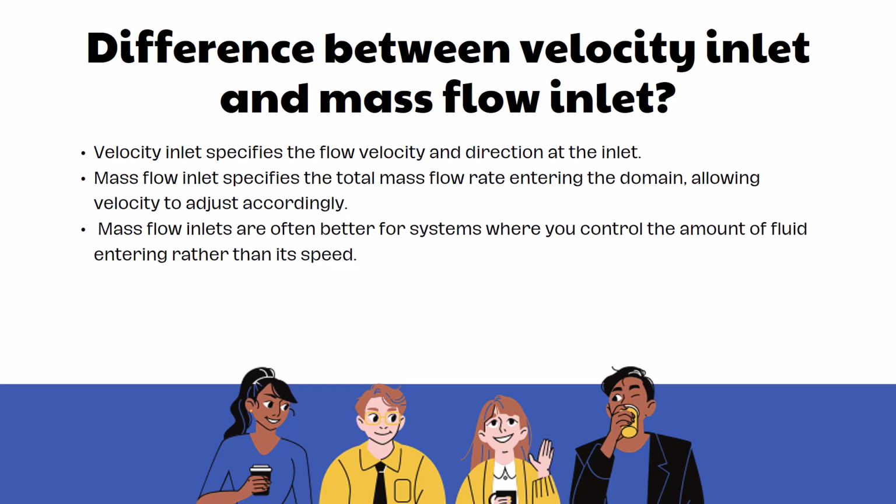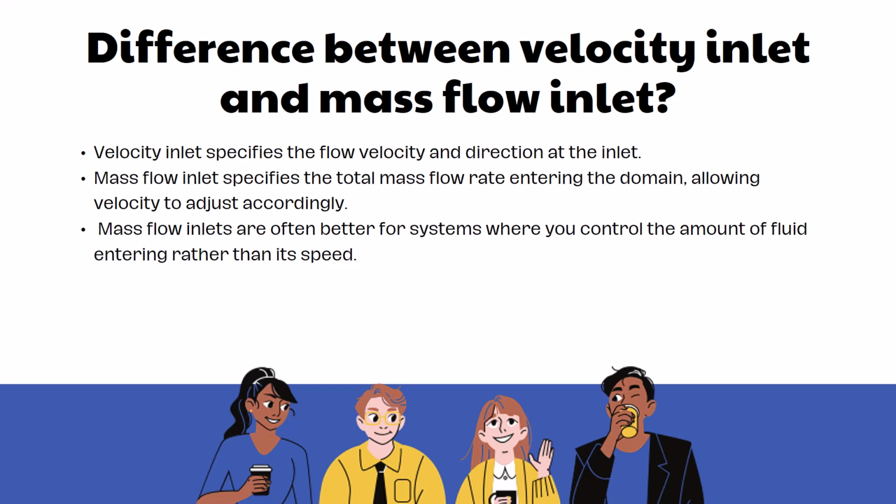What is the difference between velocity inlet and mass flow inlet? So velocity inlet will directly give you the option of how much my flow velocity is and in which direction the fluid is going to flow. On the other hand, mass flow inlet specifies the mass flow rate at which my flow is entering my system or my domain. So velocity will be in meters per second unit and mass flow will be in kg per second unit.